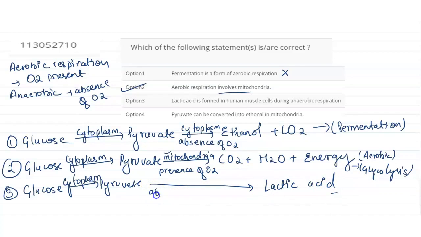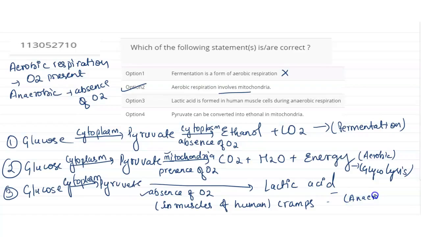This occurs due to absence of oxygen, and this process occurs in the muscles of humans, due to which muscular cramps happen. So you can easily see that lactic acid is formed in human muscles during anaerobic respiration. Yes, it's true, because this process occurs in the absence of oxygen. So this process is anaerobic. We can see that option number 2 and option number 3 are correct.